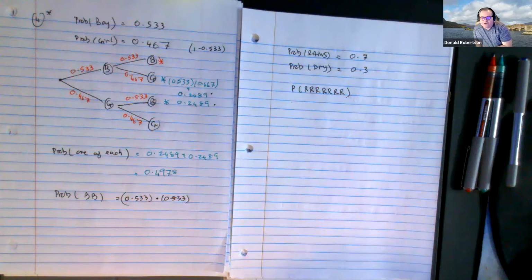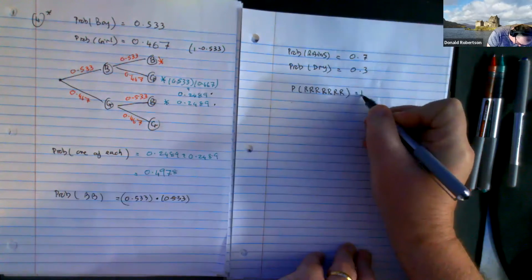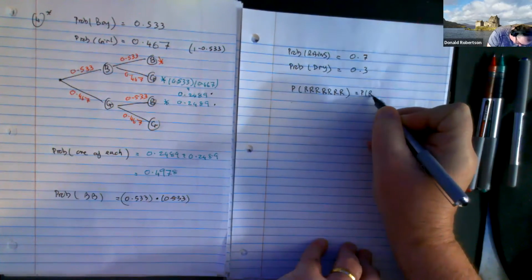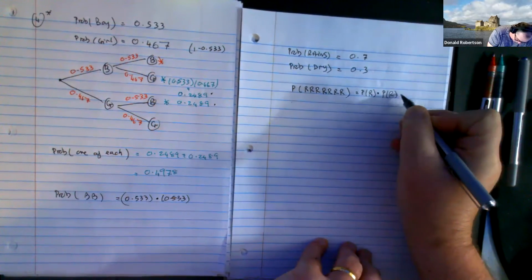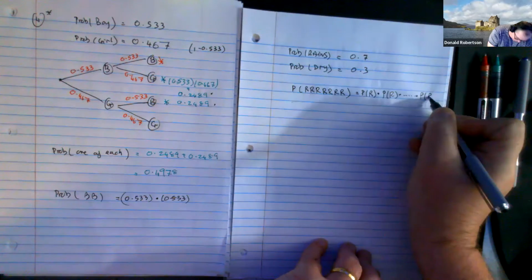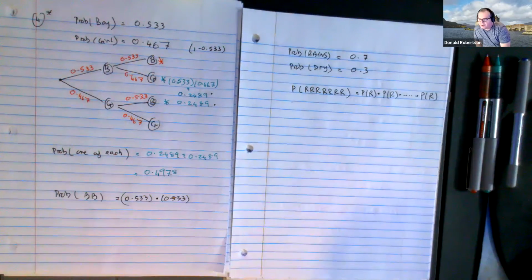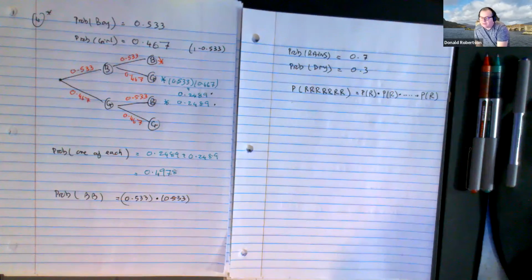We make the assumption here that if it rains on one particular day, it has no effect on the others. So if I wanted to do this, I could find the probability that it rains times the probability it rains, and I'm too lazy to write them all down, times the probability that it rains. Would that make sense? You can just multiply probabilities together, and in a situation where one event has no effect on the next, you can simply keep the number the same.